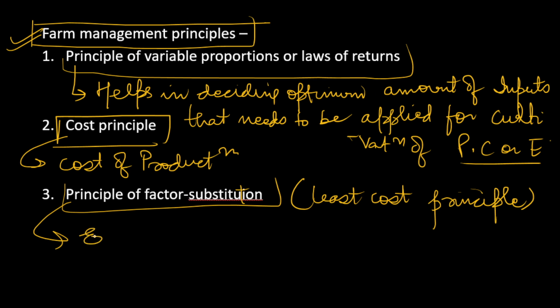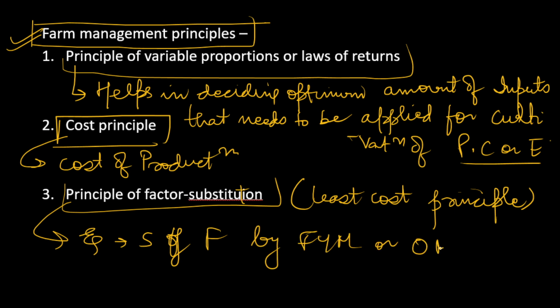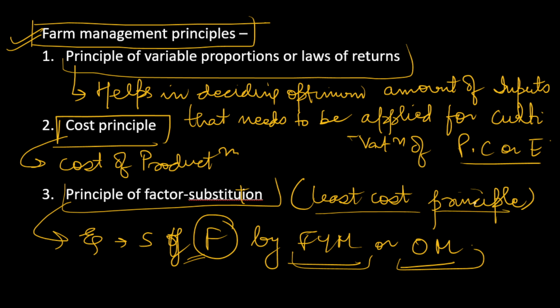For example, you can write here substitution of fertilizers by farmyard manure or organic manure, etc. Here you can see that the cost of fertilizer is reduced because we are not using fertilizer, so the cost on nutrient management is reduced, and obviously we are getting the same quality because of the use of farmyard manure and organic manure. That is the least cost principle. That is, if the quality is the same, we will choose the input which is of least cost so that we get a good amount of profits.